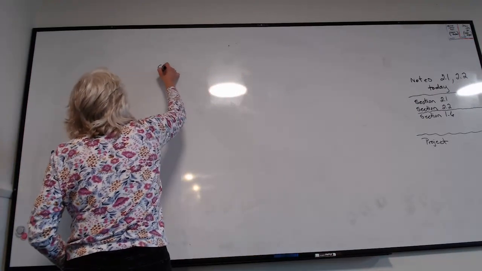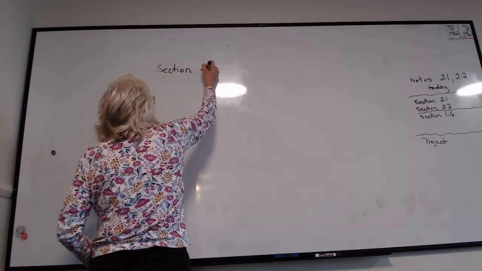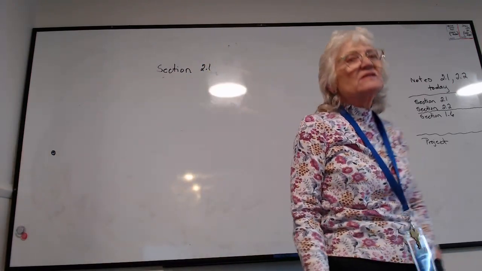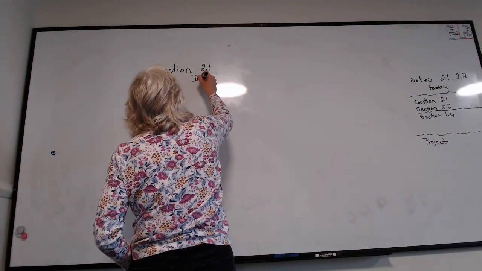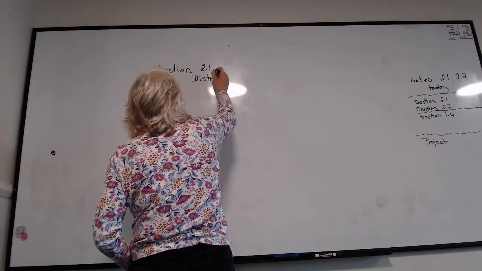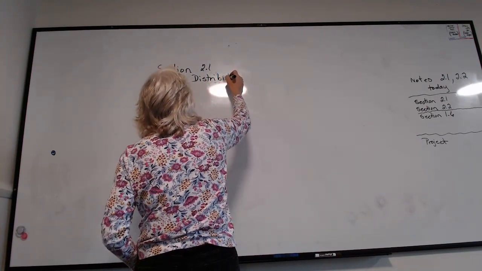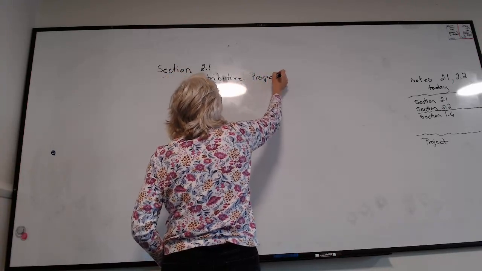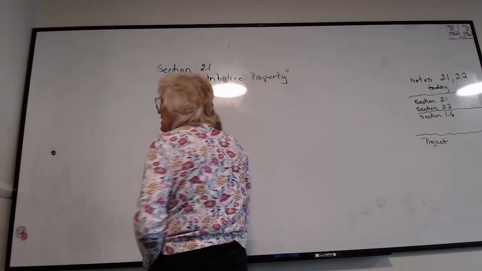Okay, so section 2.1 is what we're looking at right now. This is titled the distributive property. This is one name I'd like you to know. Distributive property. It's probably the only property that I ask you to know the word for it because we use it a lot.